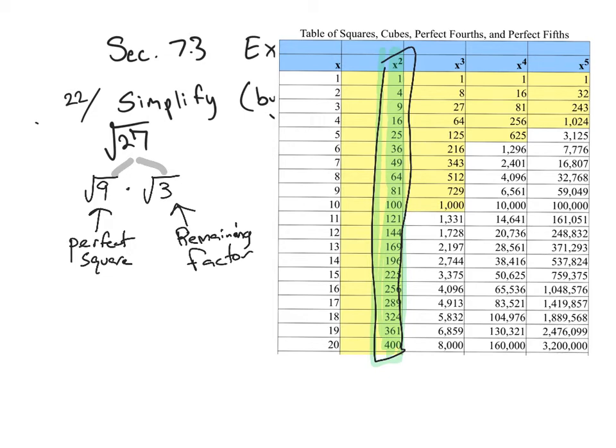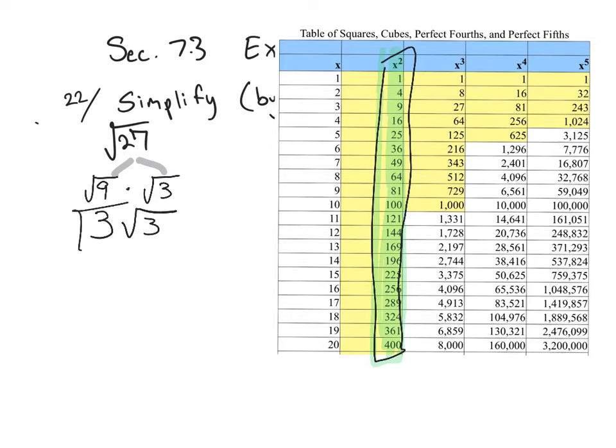So why? Well, what is the square root of 9? Nice, it's just 3. I don't know the square root of 3, so it stays the same. This is how we are going to simplify these radicals.